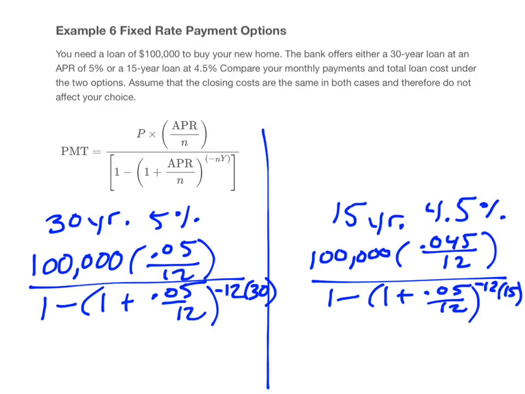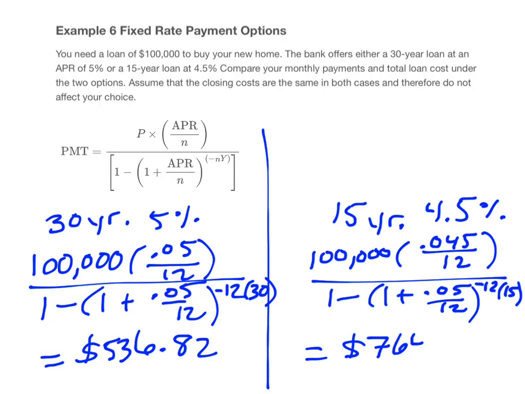amounts, on the one hand, we have a payment of $536.82. And for the shorter term, a monthly payment of $764.99. So even though the interest rate is a bit lower for that loan, we're paying it off twice as fast, so it does make sense that the monthly payment amount should be greater.